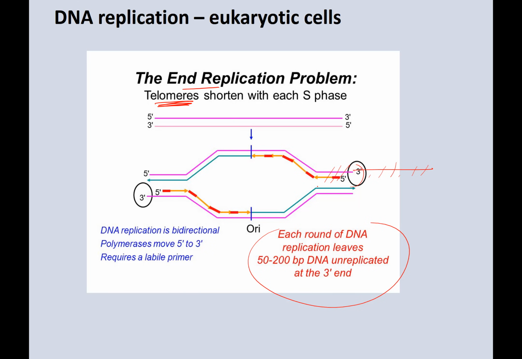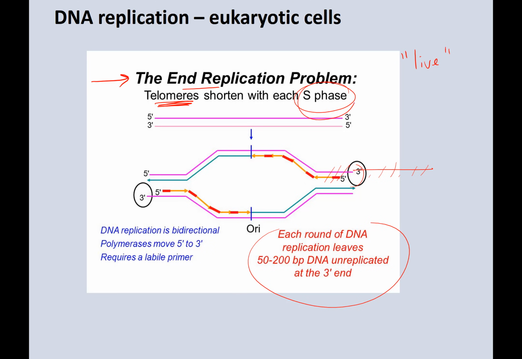Because if you kept doing replication, you would start to damage or lose important genetic information. Okay, so viruses need to deal with this end replication problem because they want to live, in quotes, forever, right? So they don't want to eventually lose genetic information.